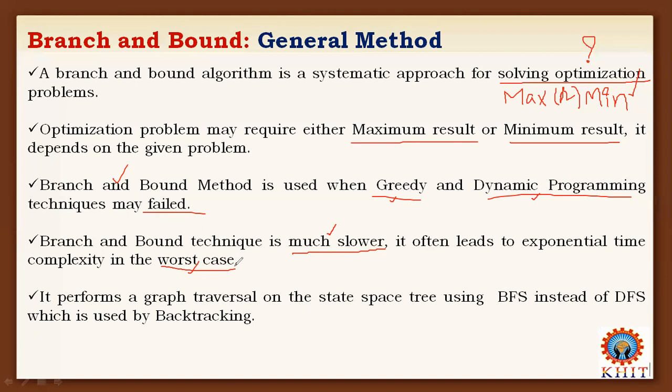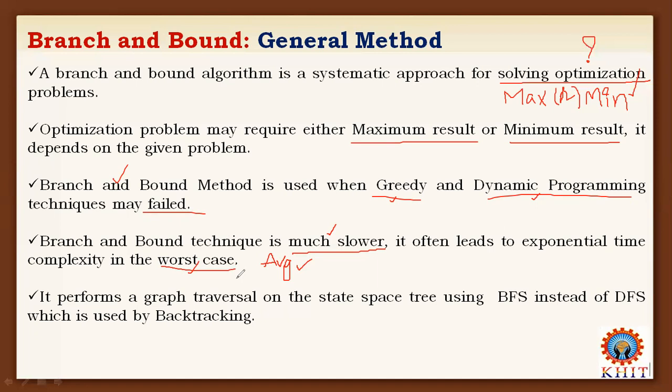But if you apply it in a much more intelligent way, you can get average time complexity instead of worst case time complexity, if you intelligently apply the concept of branch and bound technique to the given problem. Otherwise, it will show worst case time complexity only.